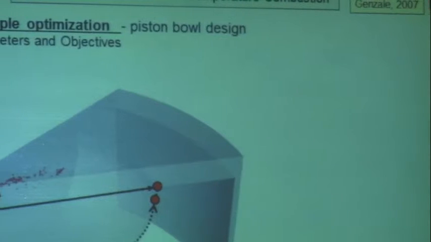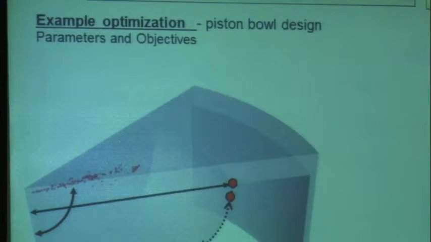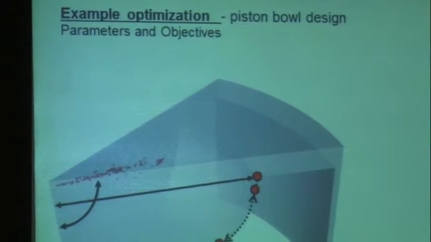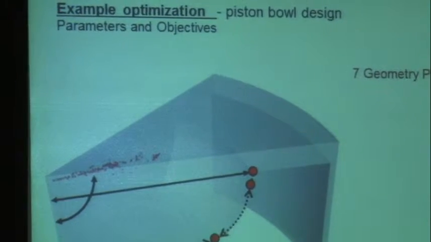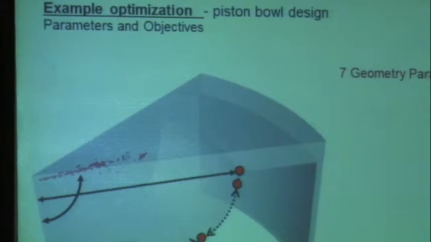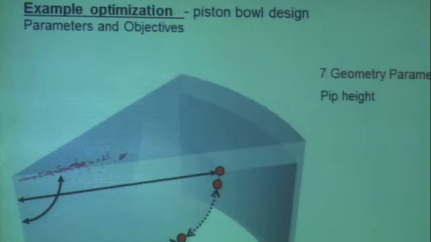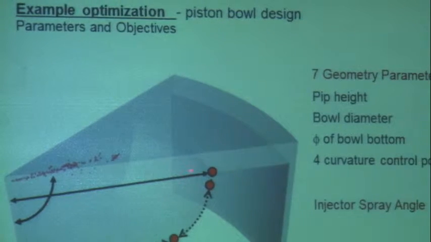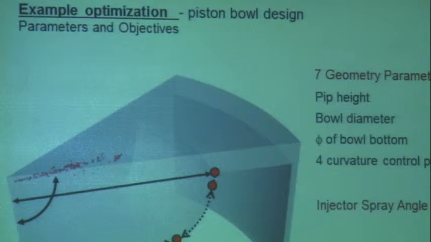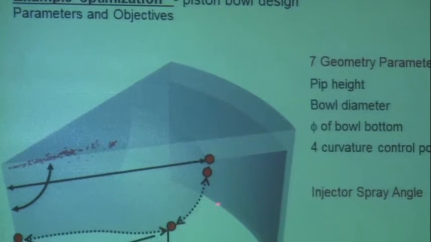So this is from Caroline Genzale's PhD work, where she wanted to optimize a piston bowl design for a diesel engine and chose 7 geometry parameters. So the pip height, that's the center height of the bowl. The bowl diameter, the diameter of the bottom of the bowl, so that's essentially the curvature on the side wall here, and then curvature control points.